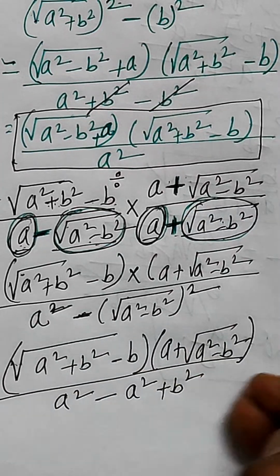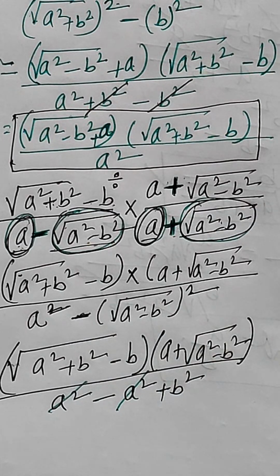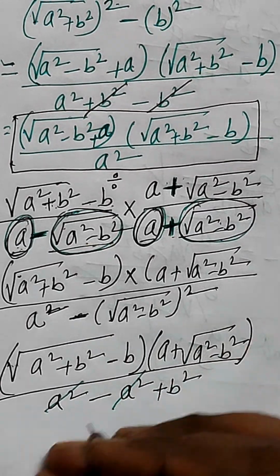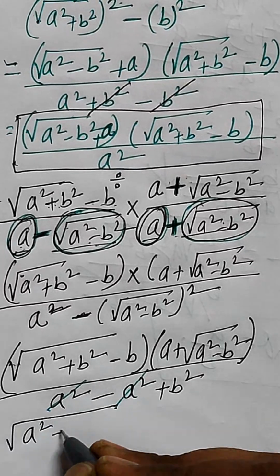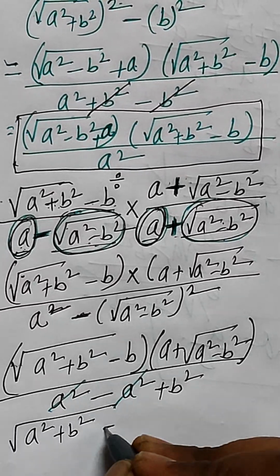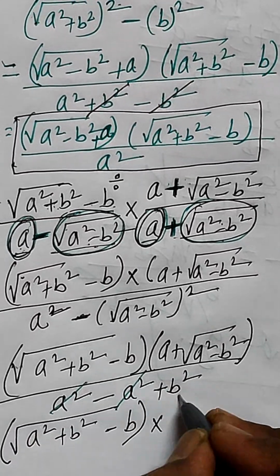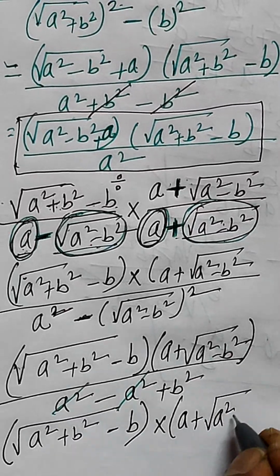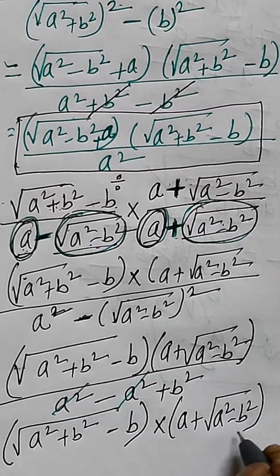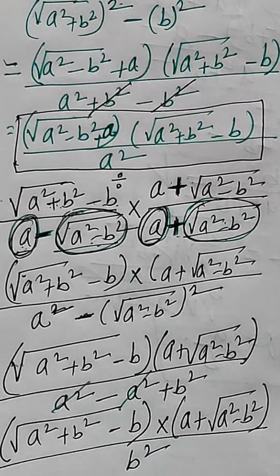So here you can see a square and a square will be cancelled, right? And what we are left with is root over of a square plus b square minus b multiplied with a plus root over of a square minus b square, right, whole divided by b square.